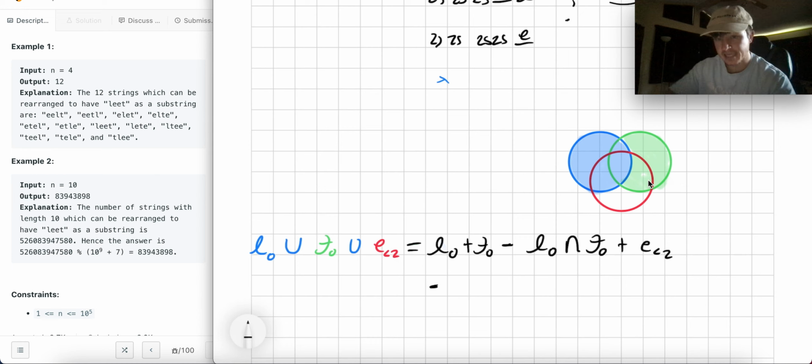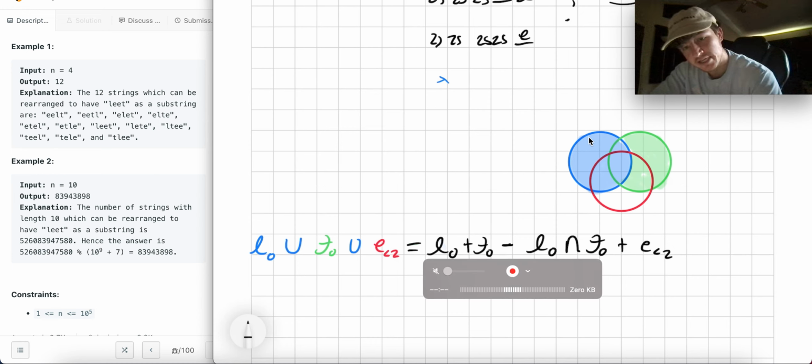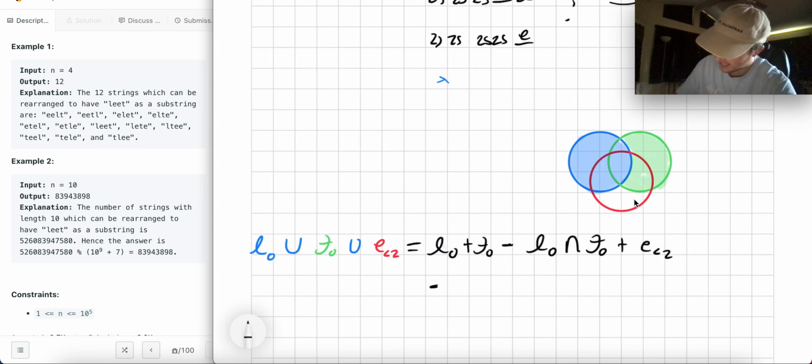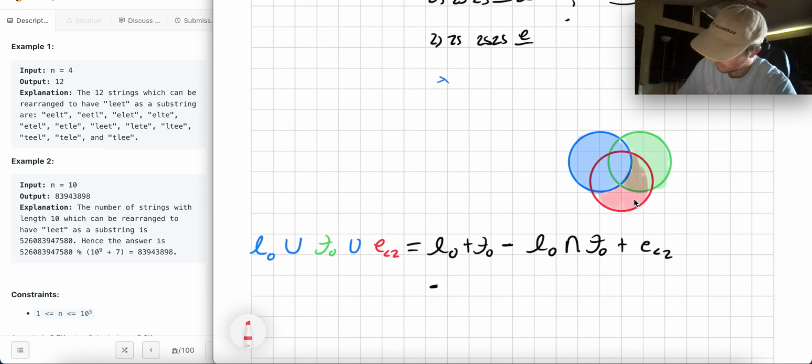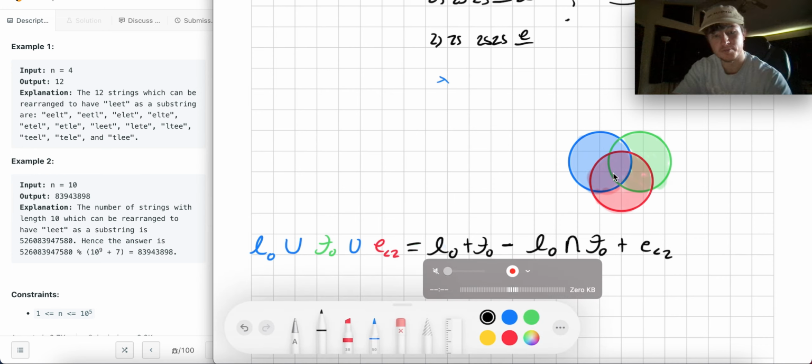First, I can subtract out the intersection between this thing and this thing. So basically, I color this whole thing. But then I subtract out the intersection between blue and red, so that would be L0 and E less than 2.